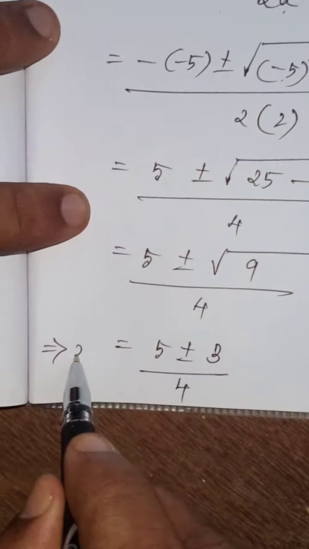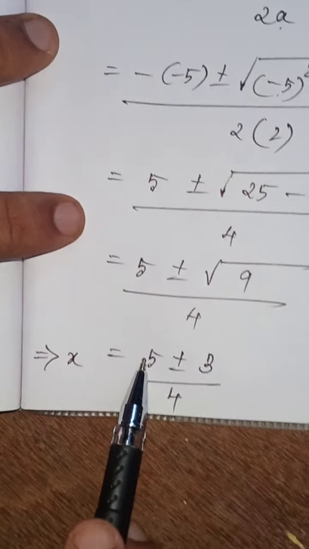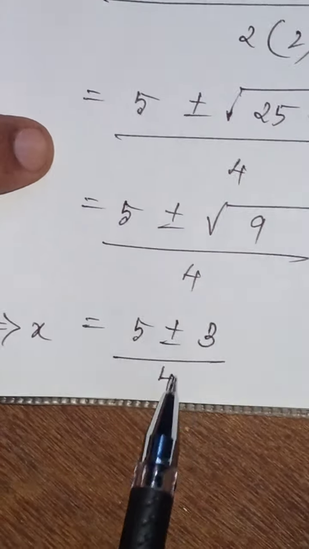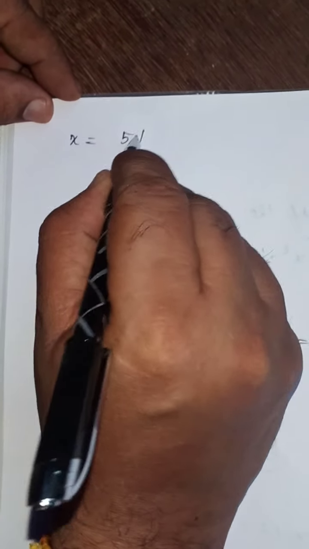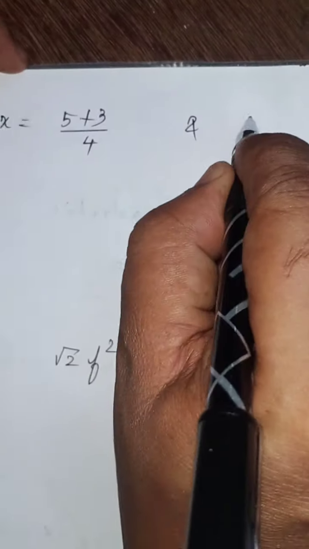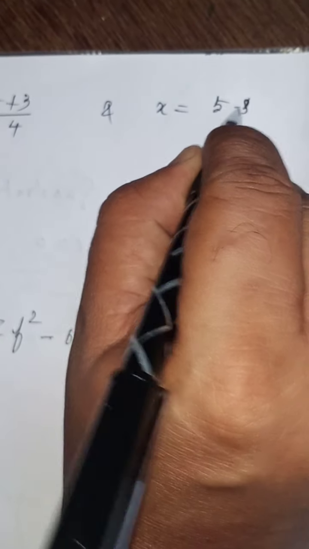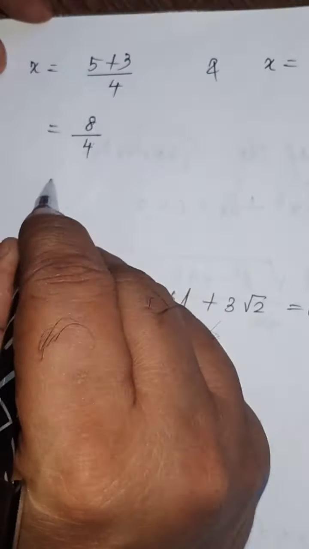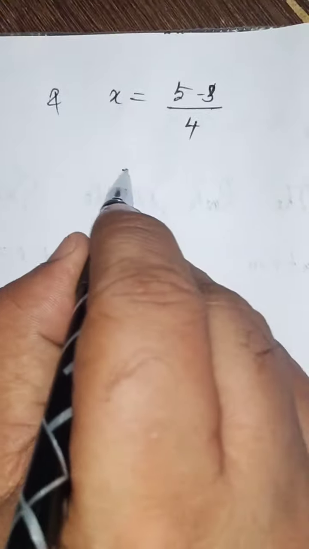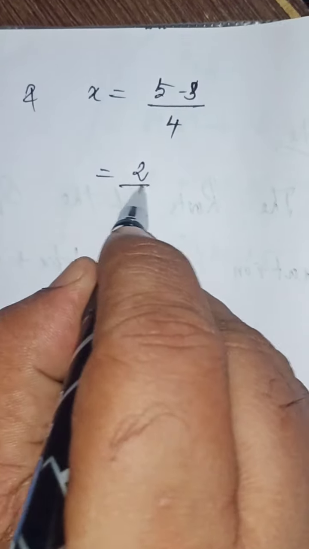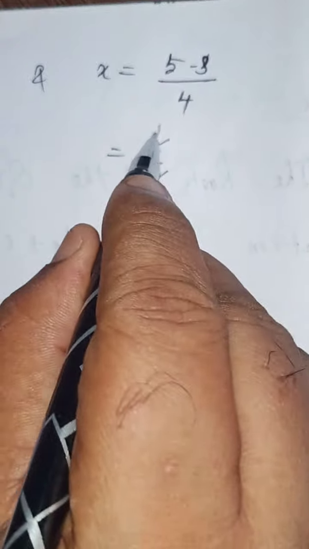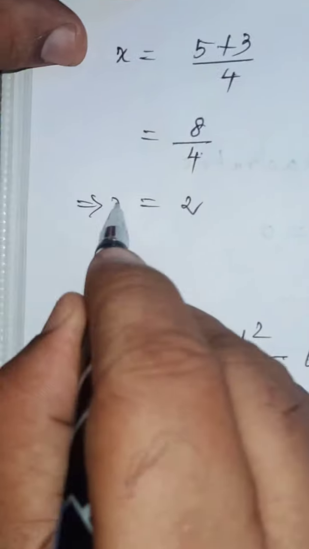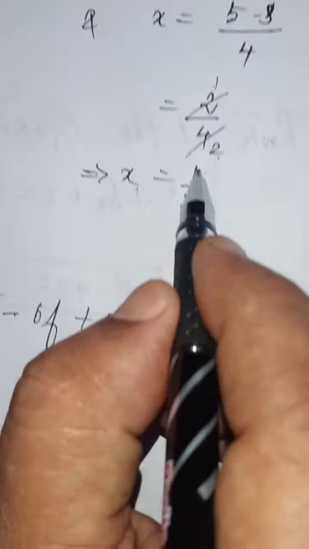So which implies x has two values, one is 5 plus 3 by 4, another one is 5 minus 3 by 4. 5 plus 3 is equal to 8 by 4, that is equal to 2. 5 minus 3 is equal to 2 by 4, 2 once 2, 2 twos 4, that is 1 by 2. 1 in numerator, 2 in denominator, 1 by 2. Here x equals 2, here x equals 1 by 2.